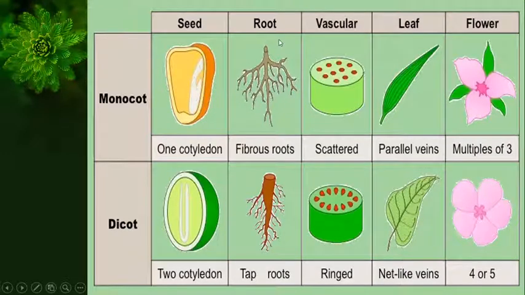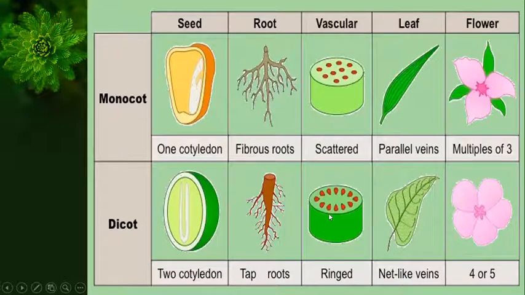The roots of monocots are fibrous. But the dicot roots have a taproot, the larger root. The vascular tissues of the monocot are scattered in the stem.